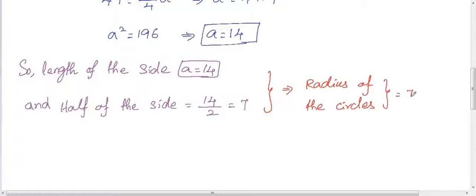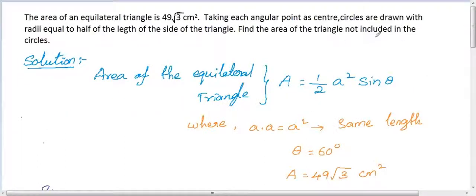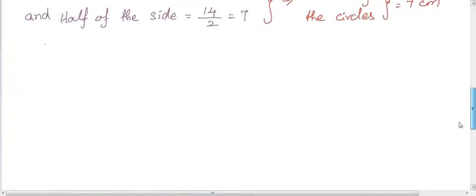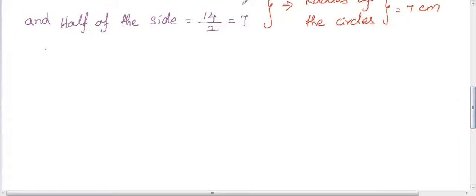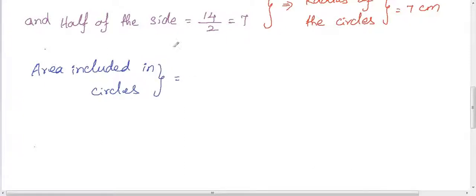Now find the area of the included circles. Since it's an equilateral triangle, the areas are included inside the circle. So we need to use the formula which is 3 pi r square theta by 360.